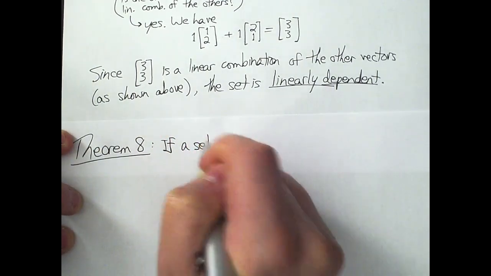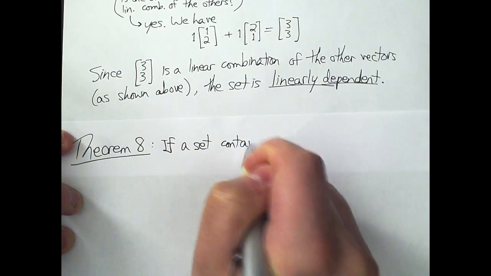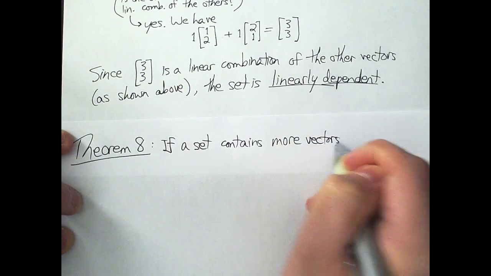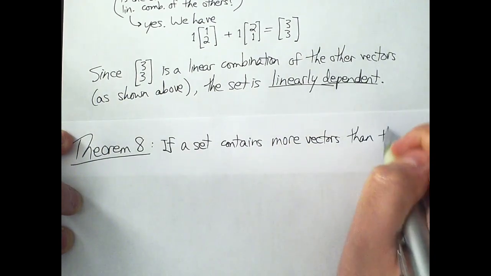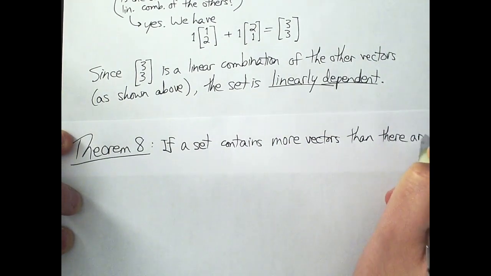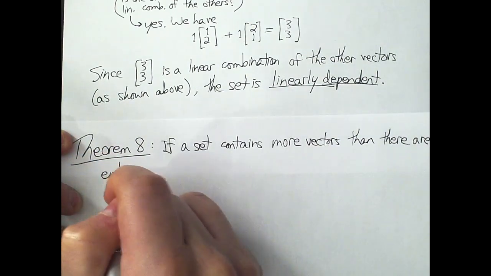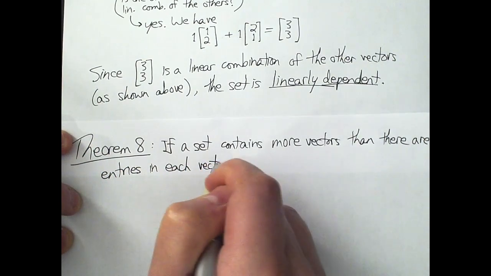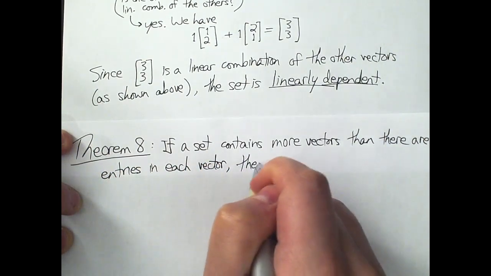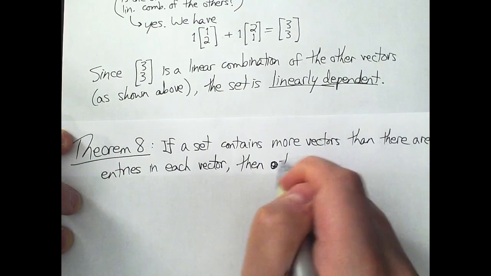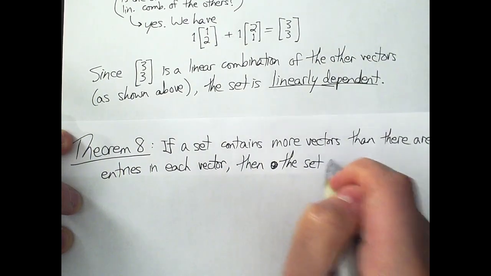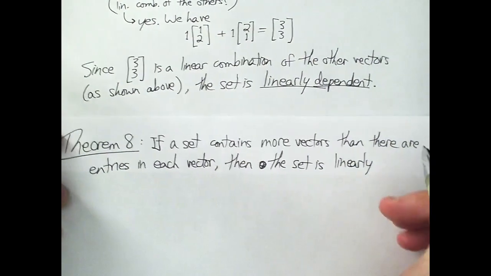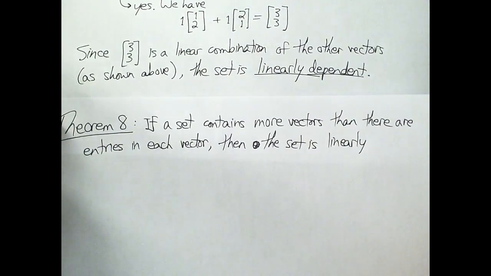If a set contains more vectors than there are entries in each vector, then the set is linearly... Which one do you think I'm going to say here?